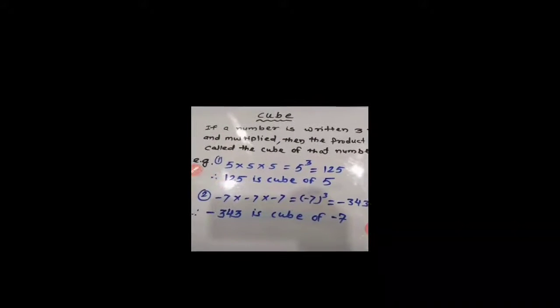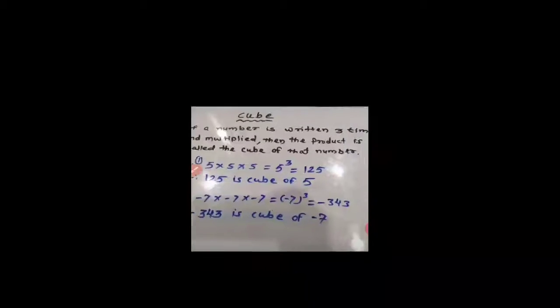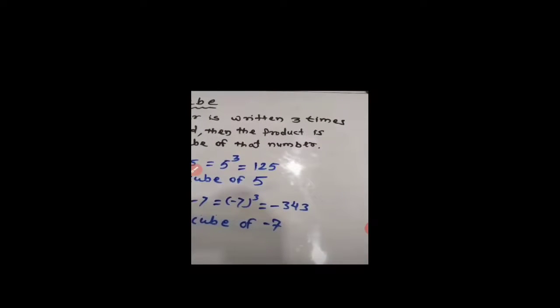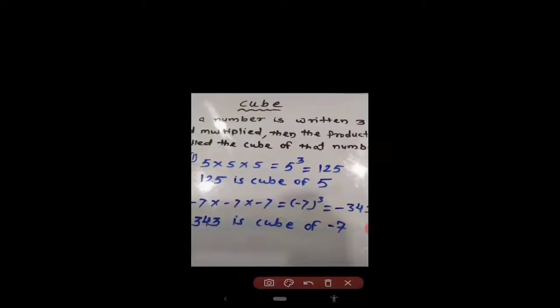If a number is written 3 times and multiplied, then the product is called the cube of that number.